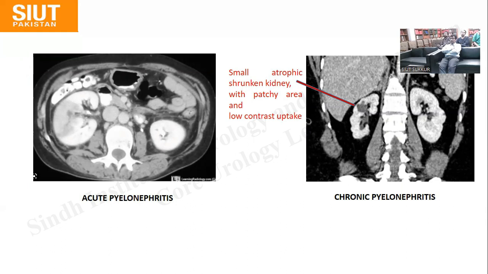In the right image, the right kidney is small, atrophic, with irregular margin. There is a patchy area and also low contrast uptake compared to the left kidney, suggesting chronic pyelonephritis.